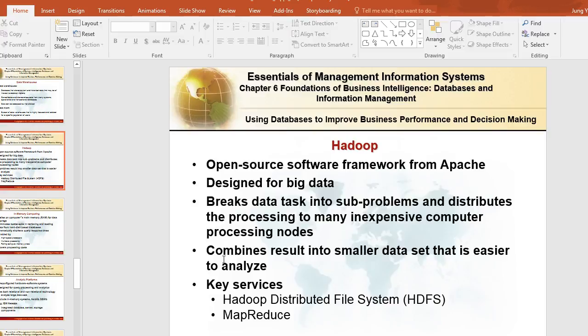Hadoop is a technology inspired by Google, and it's open source, designed for large data.